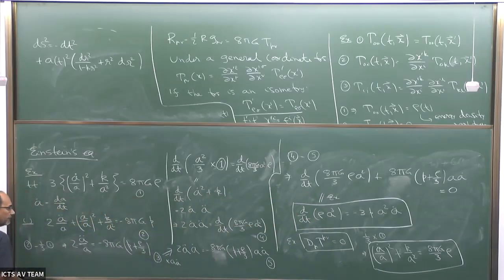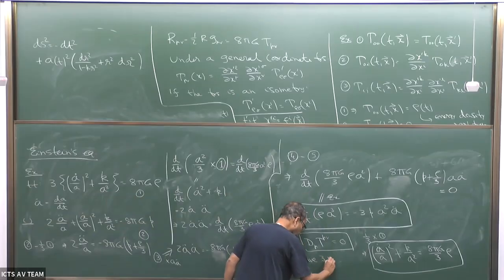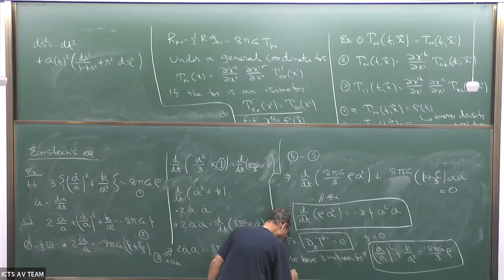So let me maybe first state the problem. We need one more equation. We have three unknown functions, rho, p, and a, and two equations.